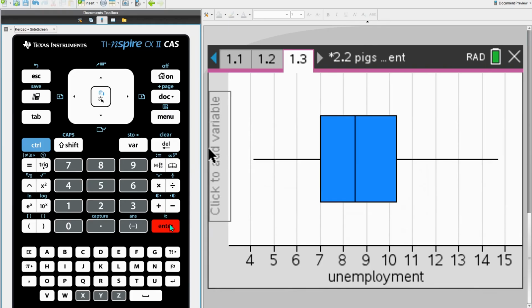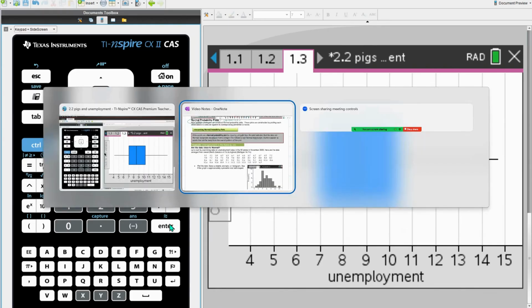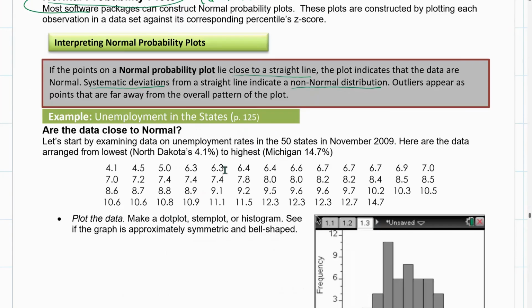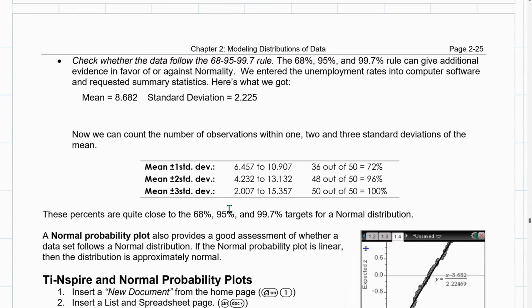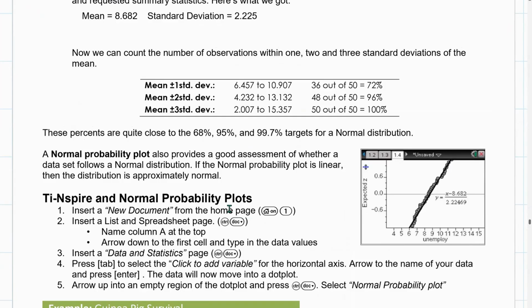The other thing that we can do as we look at this data is to look at how much of the data falls within one, two, or three standard deviations. So if we found that the average percentage of unemployment was about 8.7 and the standard deviation was about 2.2, and if we said from the mean going out one standard deviation above and one standard deviation below, and count up the number of data items, we find that 36 out of the 50 were within one standard deviation of the mean, about 72%.